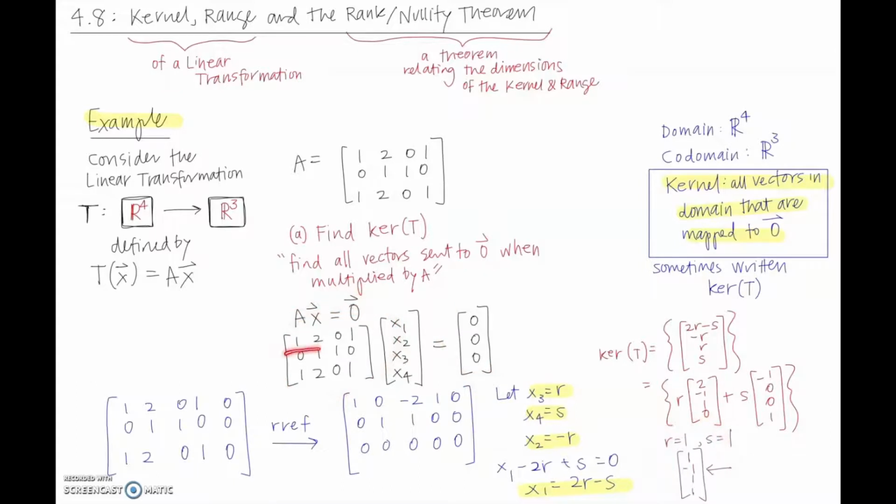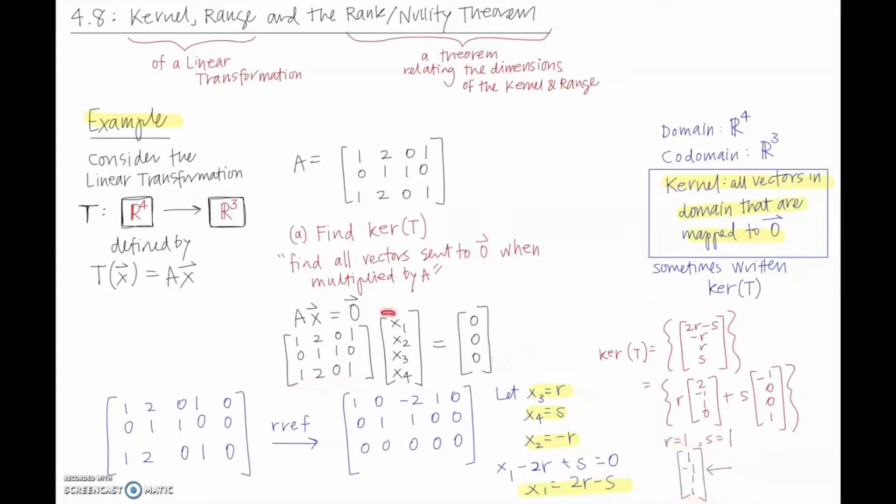Let's see. 1 minus 2 is negative 1, plus 1 is 0. Yes. Negative 1 plus 1 is 0. Yes. 1 times 1 is 1, minus 2 is negative 1, plus 1 is 0. Yes, absolutely. This vector is in the kernel.